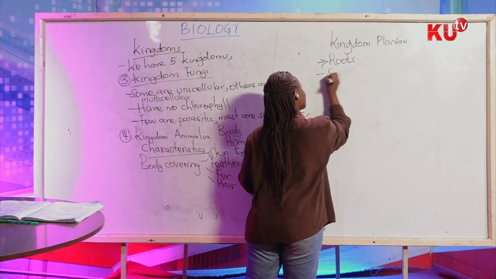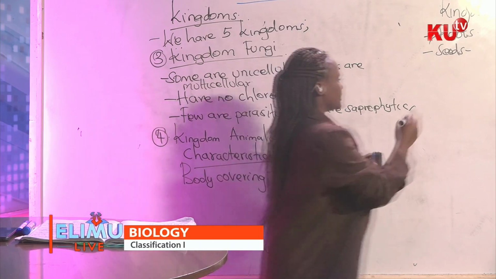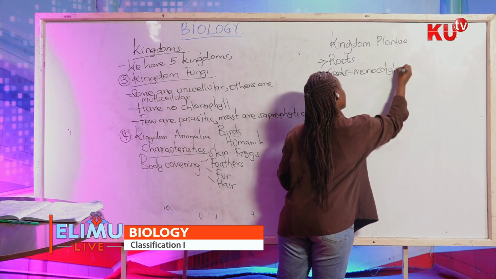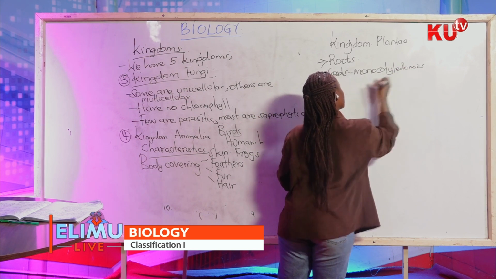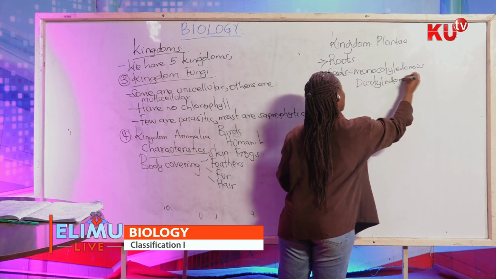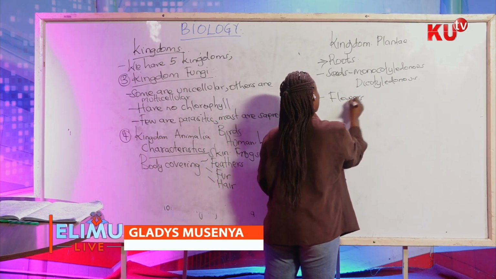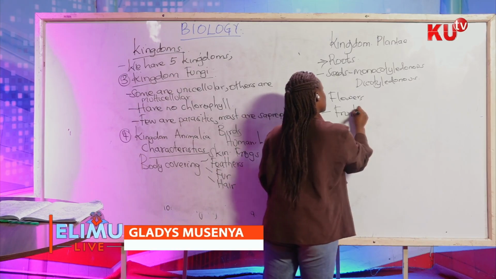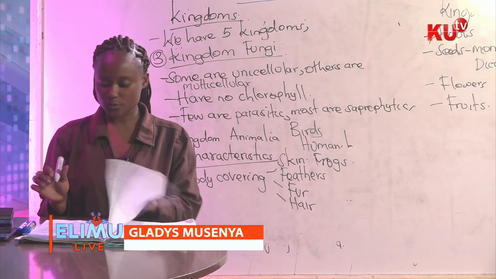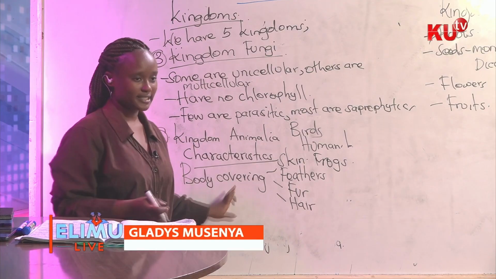They look at the seeds that can be either monocotyledonous or dicotyledonous. And then we have flowers and fruits. This can help us distinguish the plants that we are having. And in kingdom Animalia, it is multicellular.